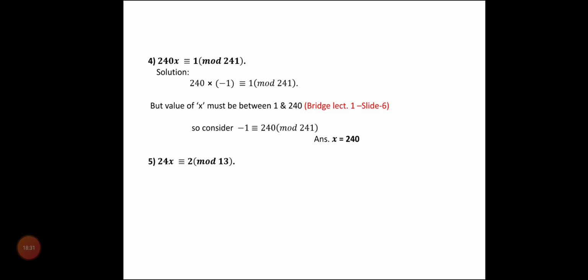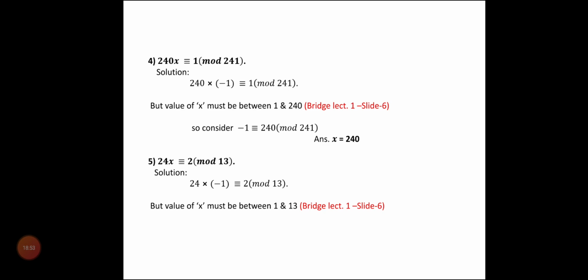When you see the number 24 and the number 13, the nearest value to 24 divisible by 13 is obviously 26. And how would you get that 26? By putting x is equal to minus 1, correct? But again we want the positive value which lies between 1 and 13, and therefore consider minus 1 is congruent to 12 modulo 13, and hence you get the answer as x is equal to 12.